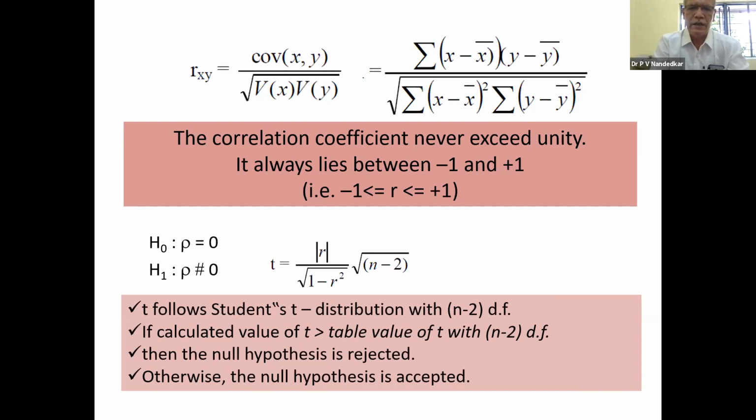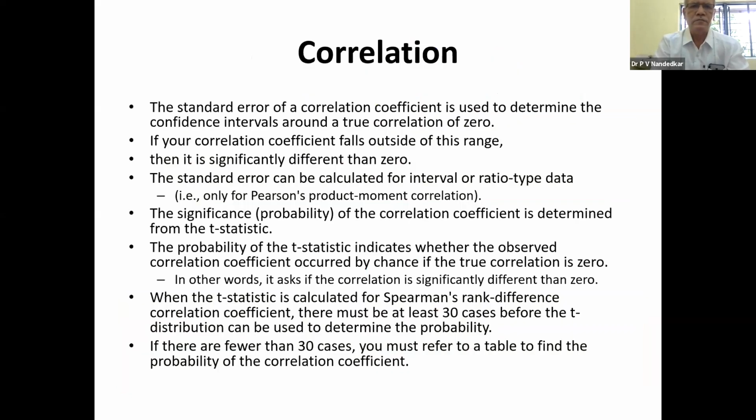It gives us a perfect idea whether the correlation coefficient is significant or not. When the calculated value is greater than the table value, obviously we call it significant, that means there is significant correlation, and in the other cases, we say there is no significant correlation.